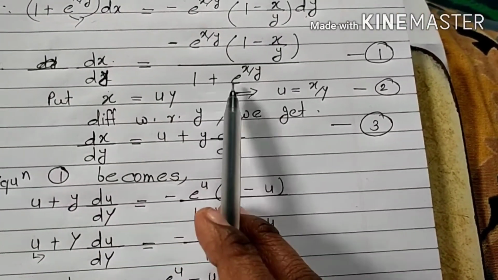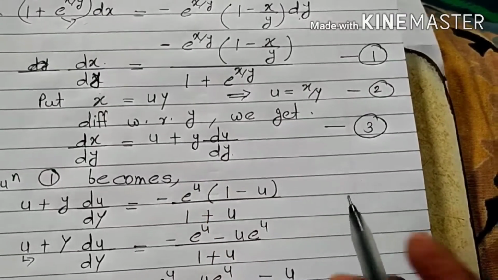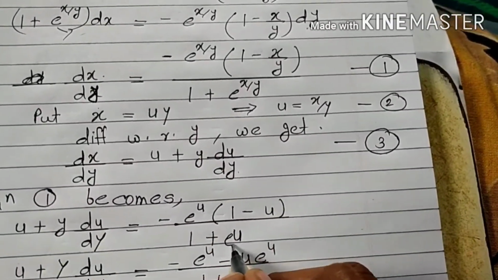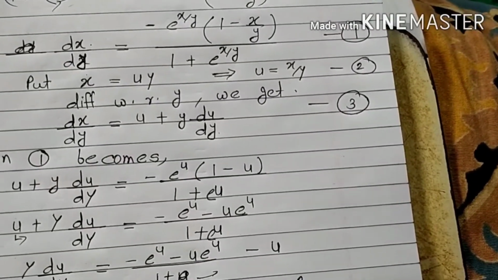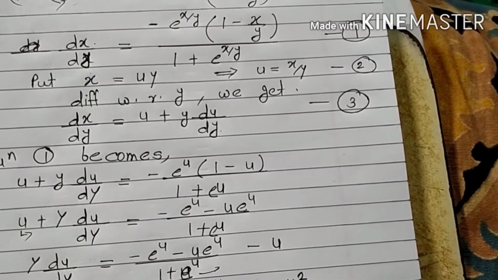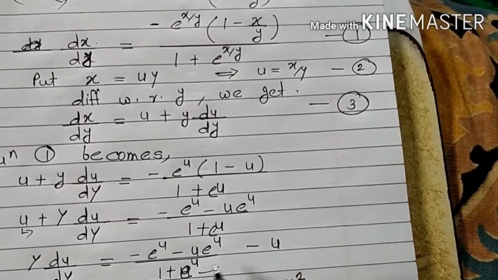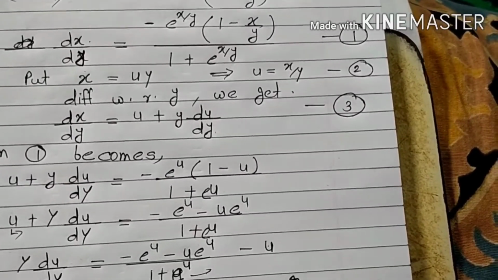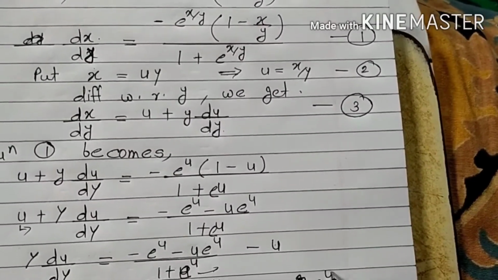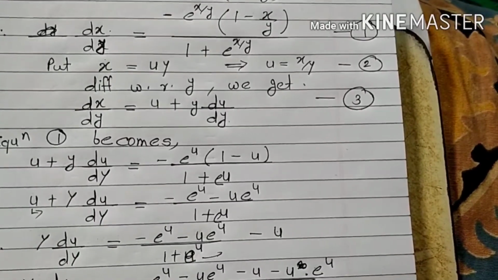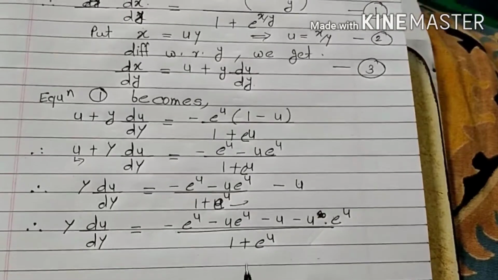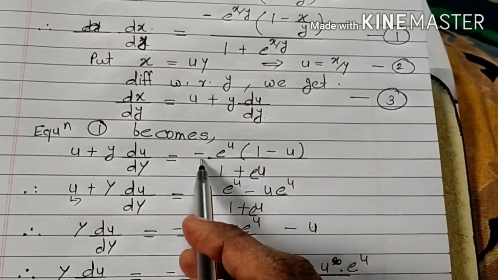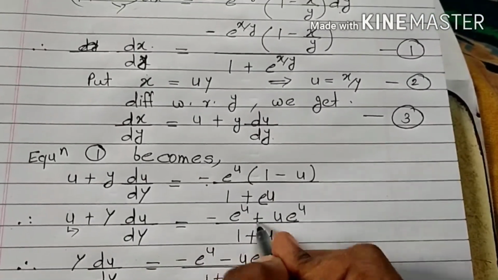It is 1 plus e raised to x upon y. So here we have to take e raised to u. Here also e raised to u. So this is u plus u into e raised to u upon 1 plus e raised to u. Okay, and here also one mistake, this minus will become plus.